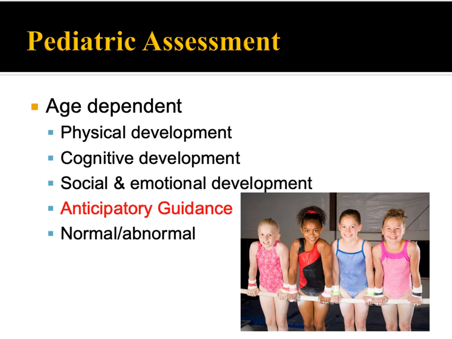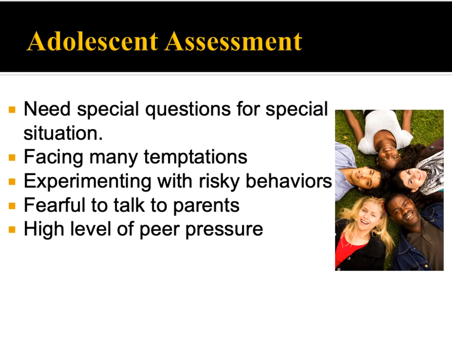Staying current with the trends and the issues that affect children is really important to those caretakers who are going to be caring for the children, and then obviously knowing what's normal and abnormal by knowing the developmental stages.